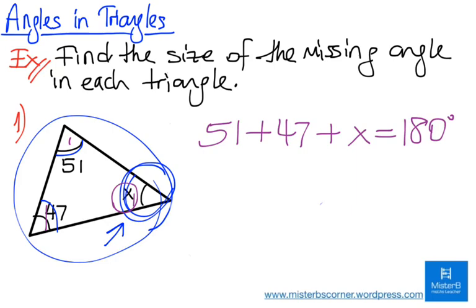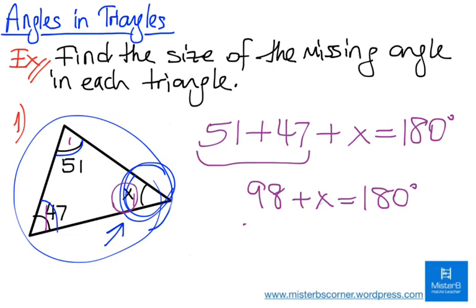So you can say 51 plus 47. These are like terms, so you can simplify it to 98, right? And this is basically solving a linear equation. Then you can say minus 98 from both sides and say x equals 82 degrees. So this is the algebraic way.